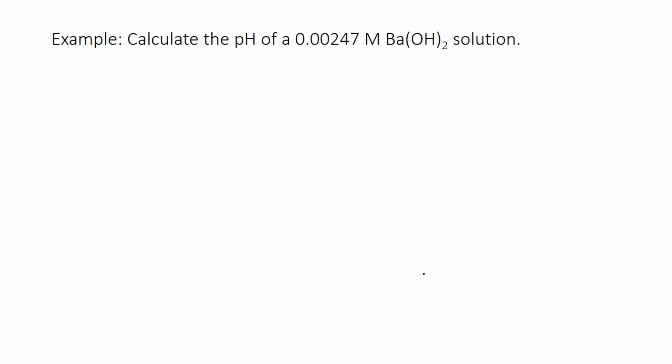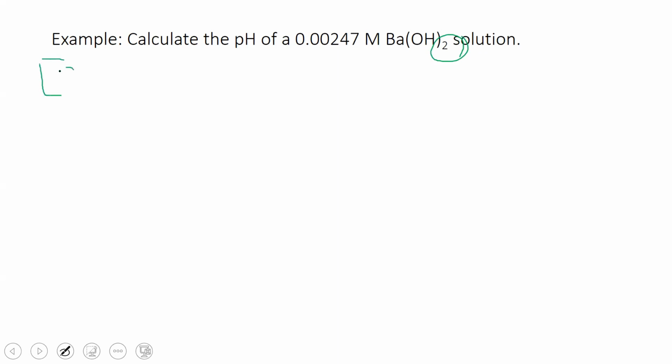All right. So next thing, if we were to calculate the pH of a 0.00247 molar barium hydroxide solution, so this is where we need to account for the fact that barium hydroxide has, right, 2 hydroxides for every 1 barium hydroxide.